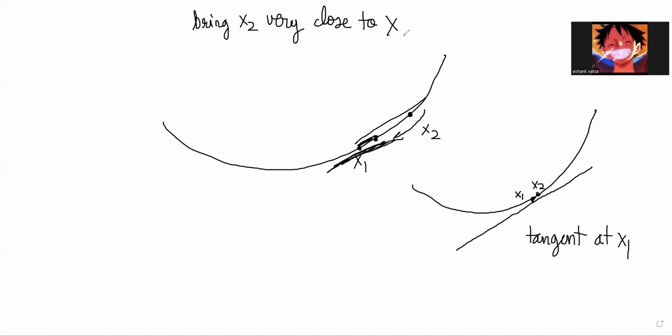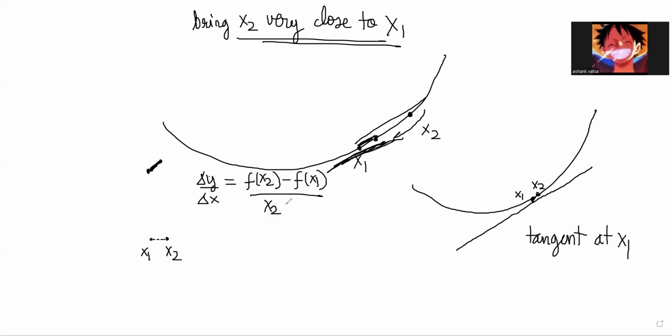If you bring x2 very close to x1, the thing that you are actually doing is you are making your interval really small. If you're making your interval really small, then the average change that you get, delta y by delta x, is going to be very close to the actual change rate, right?